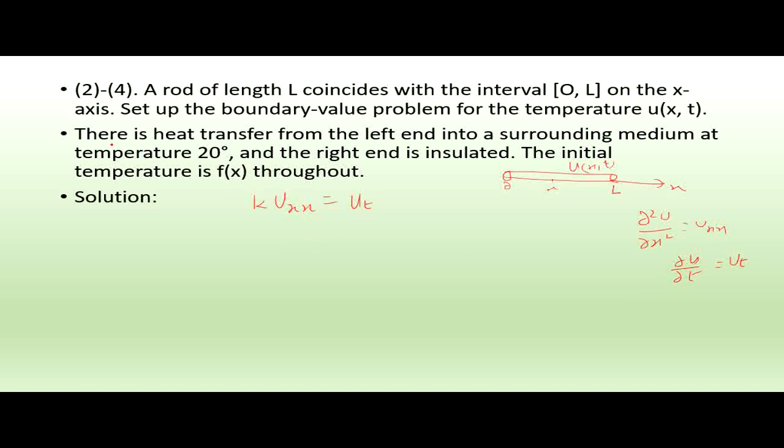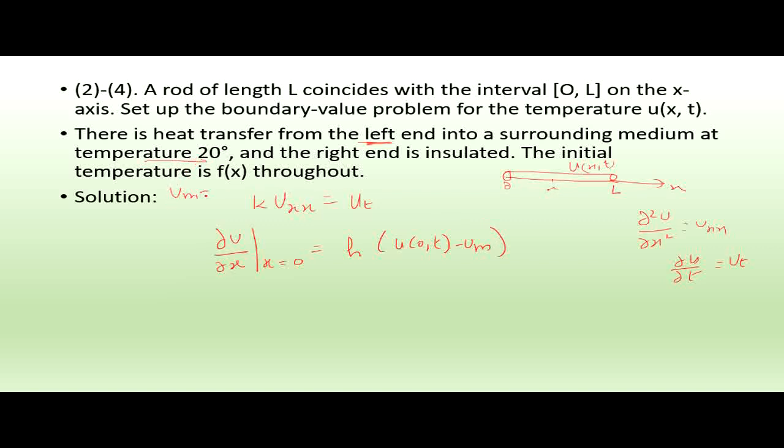Fine. There is heat transfer from the left end to a surrounding medium. It means that the left end heat is more than the surrounding medium, so it's positive. So how do you write? Dou u over dou x at x equal to 0 is h times u of 0 comma t minus um, and um is given as the medium temperature, 20.